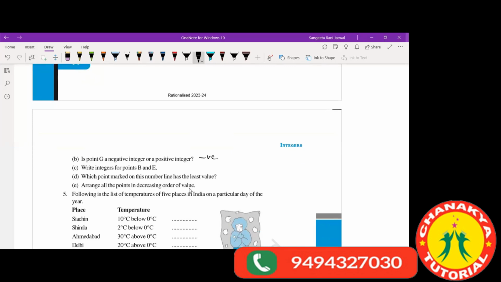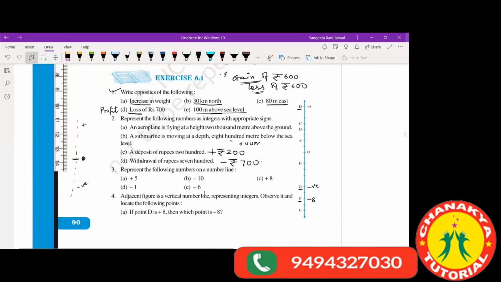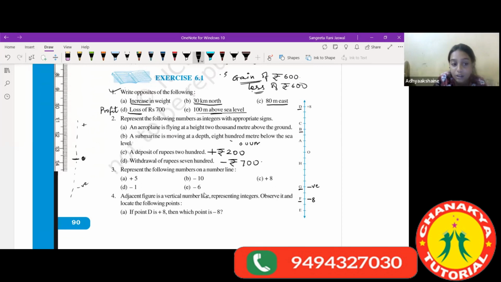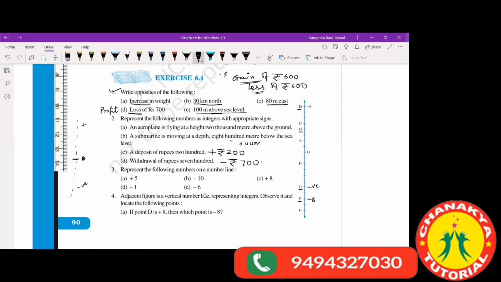Okay. Write integers for points B and E. What are the integers at point B and E? What is B here? Adya will tell me. Positive number. Which number? Just count from here, from 0.